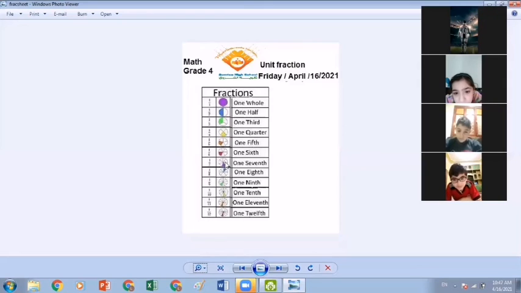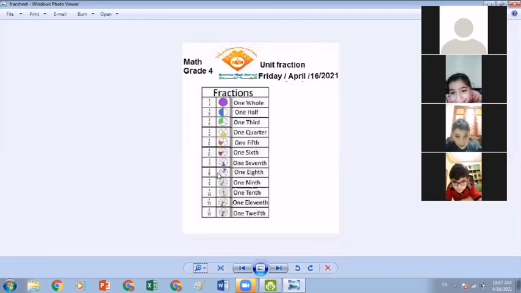The whole is divided into 7 parts. We color 1 of them, so the fraction will be 1 over 7 or 1/7. Let's move to 1 over 8. It means 1/8.